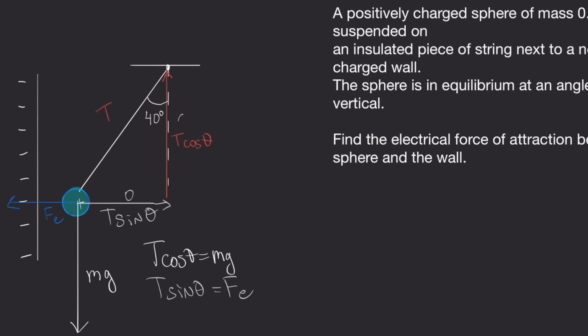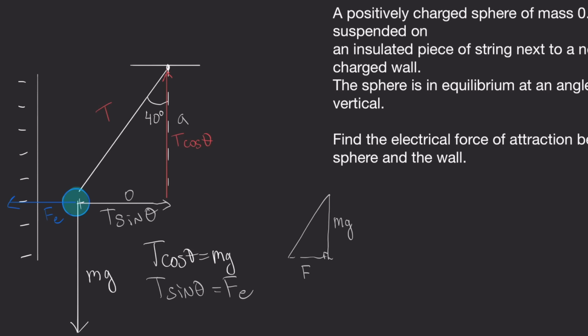We already have our adjacent component because that's just equal to mg. In a way, we actually have a triangle, which is just a 90-degree triangle with the vertical component being equal to mg and the horizontal component being equal to the electrical force.